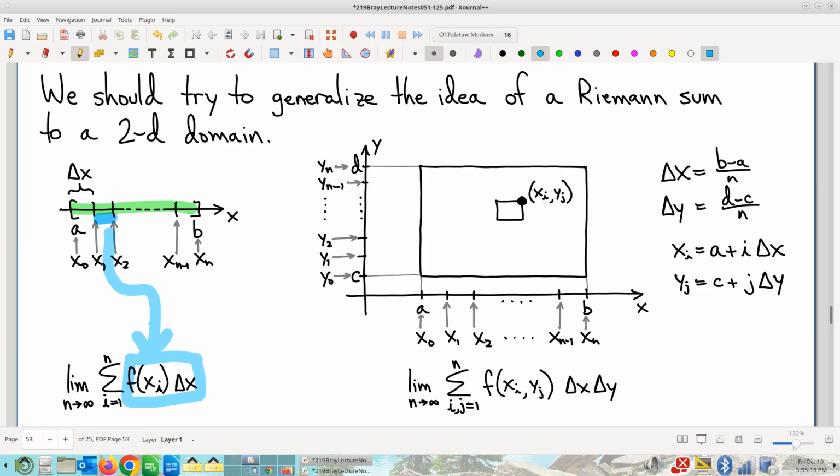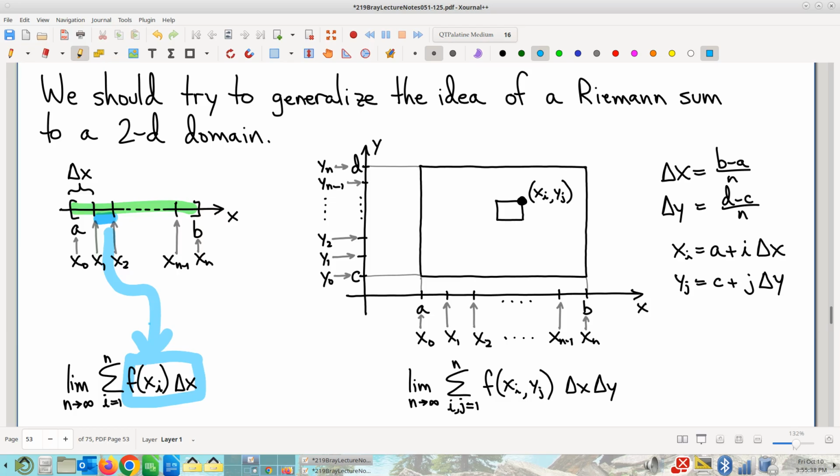Sometimes we're interested in area, in which case it would be height times length. Sometimes we're interested in mass, in which case it would be mass per unit length times length. Whatever the application might be, it's always going to be something times length.